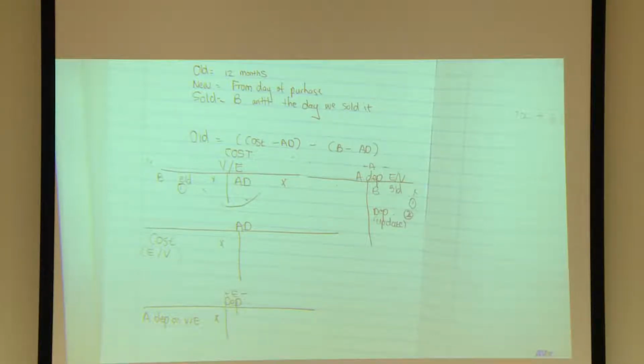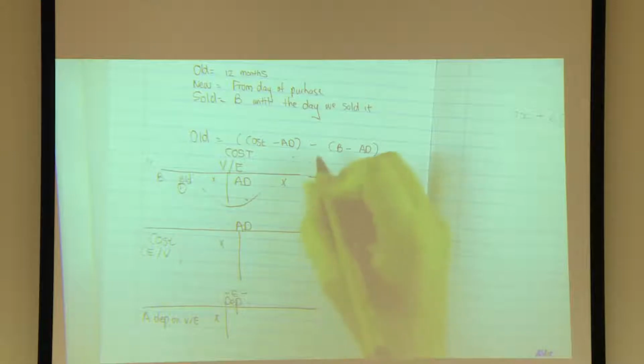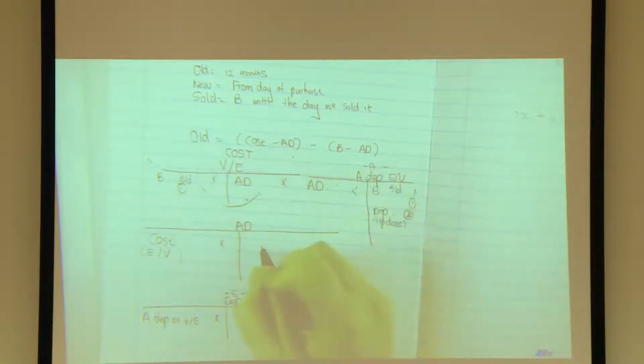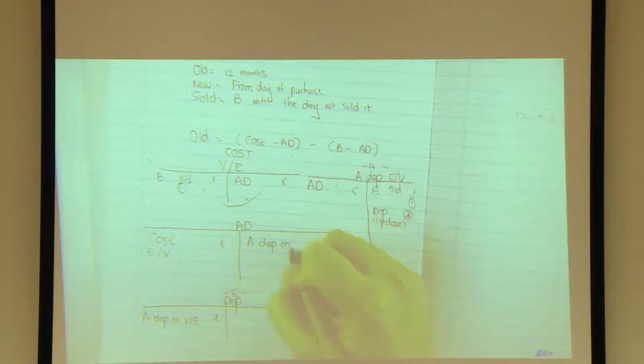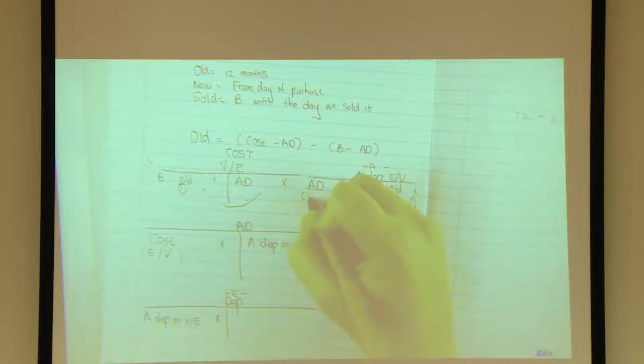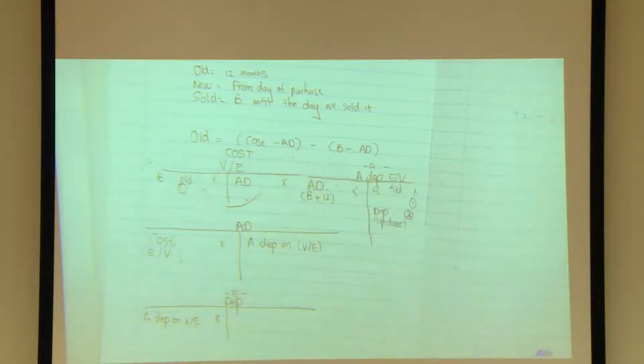Right, so when I take out the total accumulated depreciation, it means that accumulated depreciation on vehicle and equipment is debited. Which account is credited? Asset disposal. This will always be beginning plus updated.